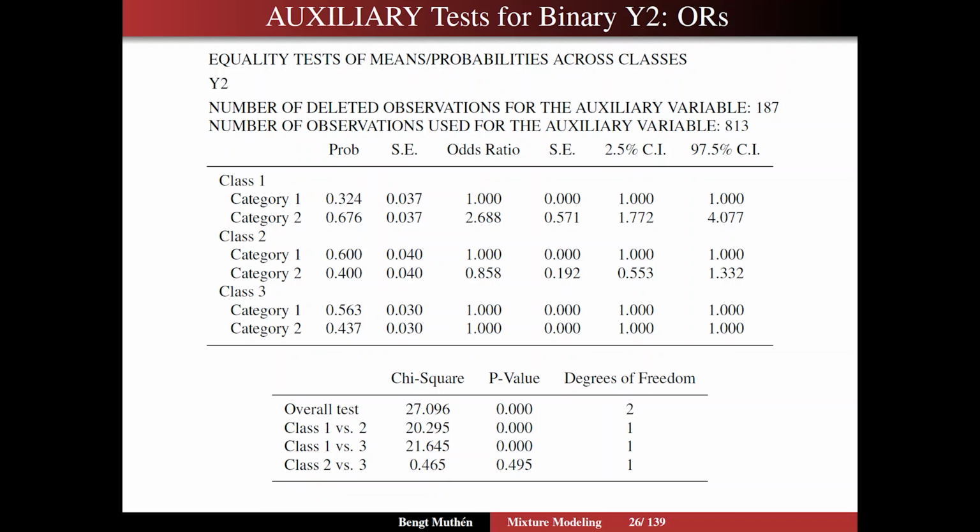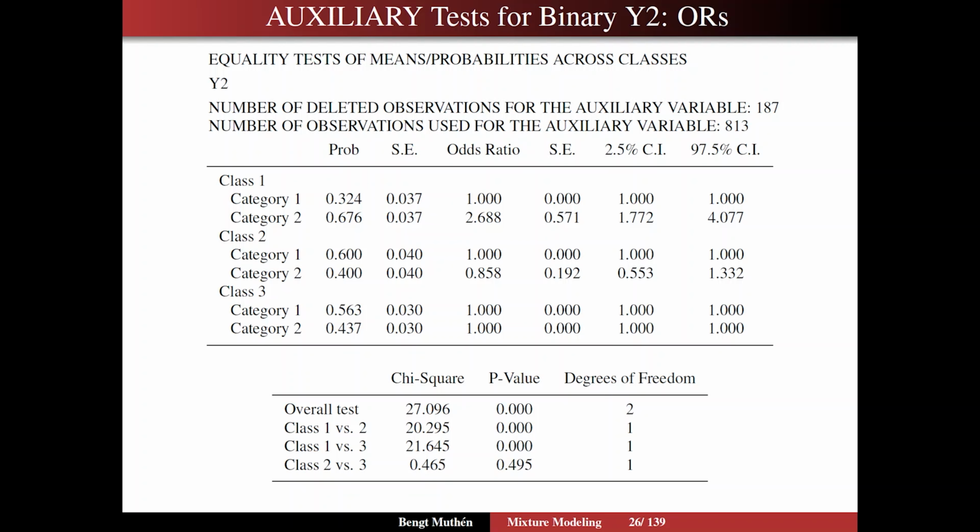So in conclusion, the answer to the question, does the latent class variable have an effect on Y2? Well, when we compare class 1 with class 3, the answer is yes, because the confidence interval does not include 1. But when we compare class 2 to class 3, the answer is no. We have an insignificance there.